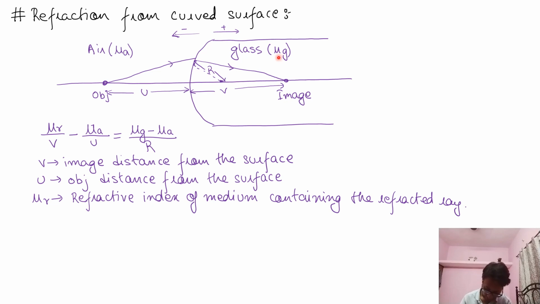So out here mu g was being replaced by mu r. Okay, similarly, let's replace mu a by mu I.